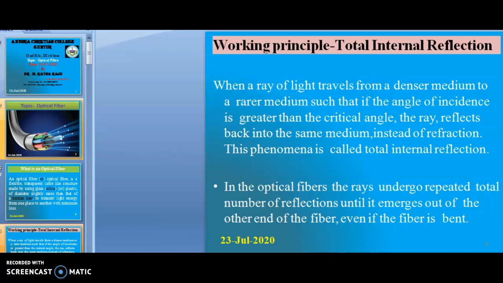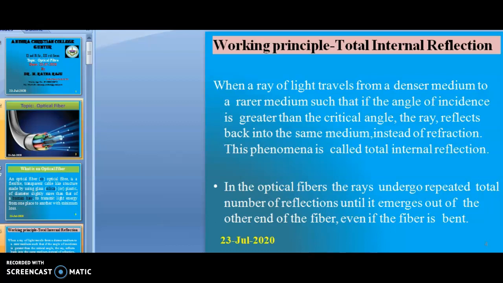When a light ray travels from denser medium to rarer medium, such that if the angle of incidence is greater than critical angle, the light ray, instead of refraction, gets reflected into the same medium.